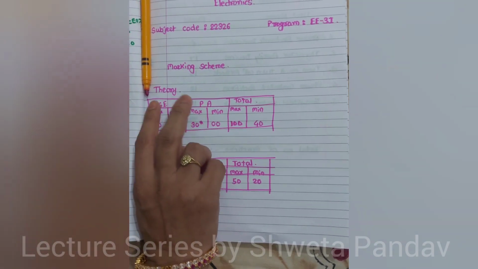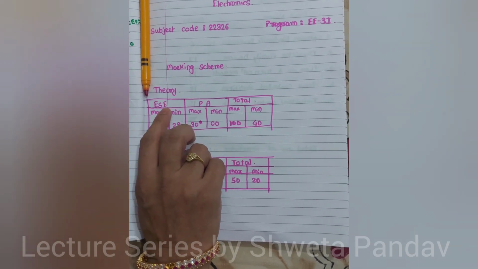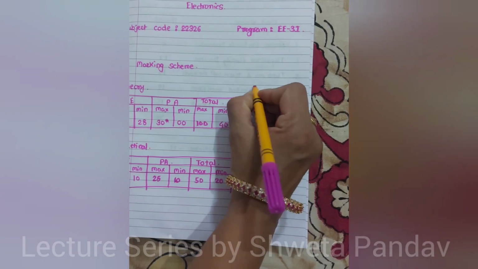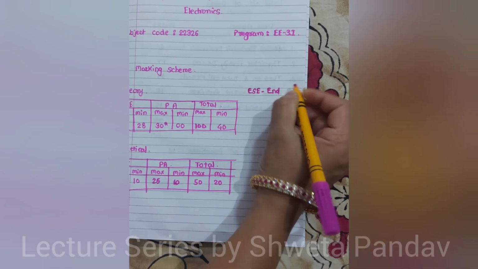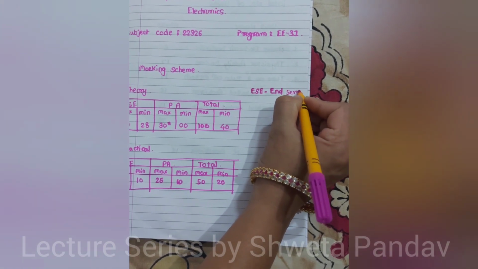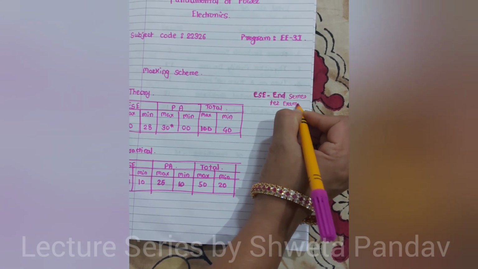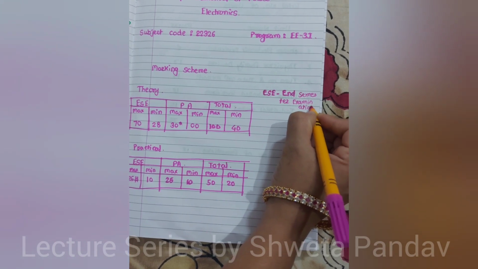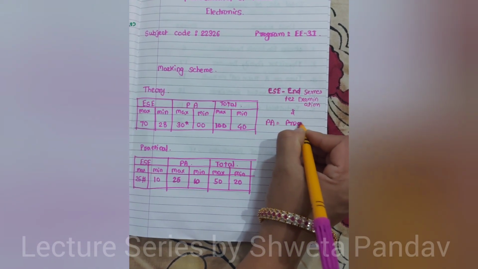The theory marking scheme is divided into two parts: ESE and PA, where ESE is called the end semester examination and PA is called the progressive assessment.